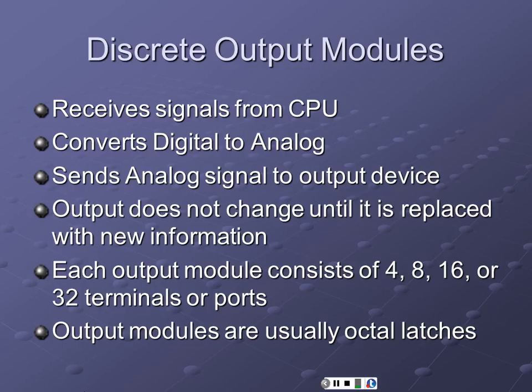So if I want to turn that light on, I'm doing it very slow. I push the button. PLC says, okay, the button's closed. Now what do I do? And now it goes out and says, okay, output 5 needs voltage. So I'm going to send voltage out to output 5 to turn on the light, or turn on the motor, or turn on the switch, the conveyor or whatever you have to hook up to. Okay?